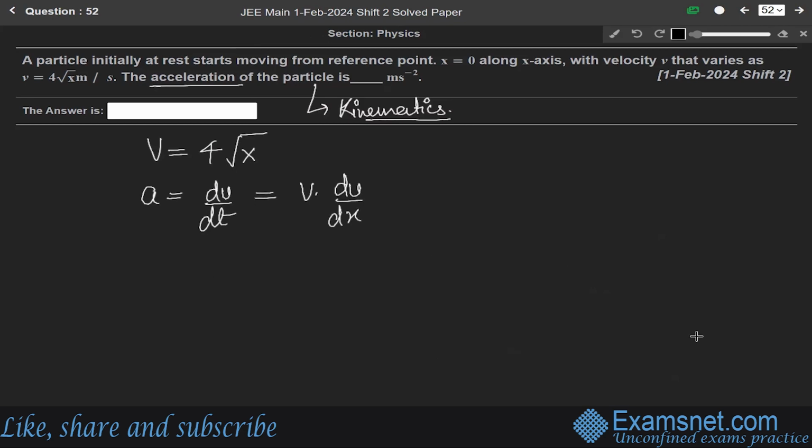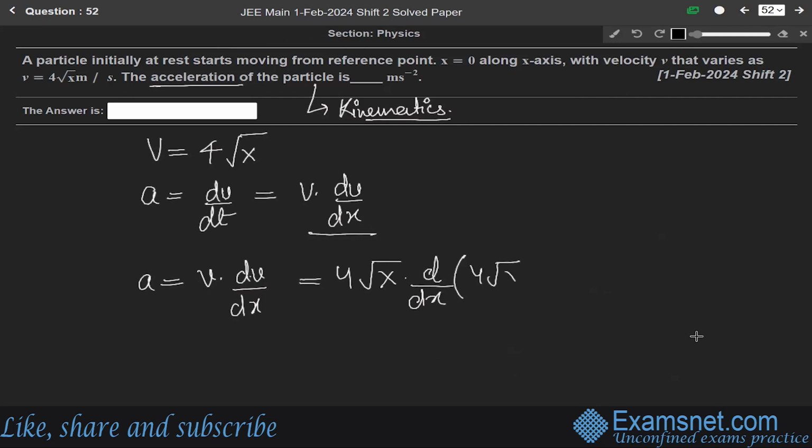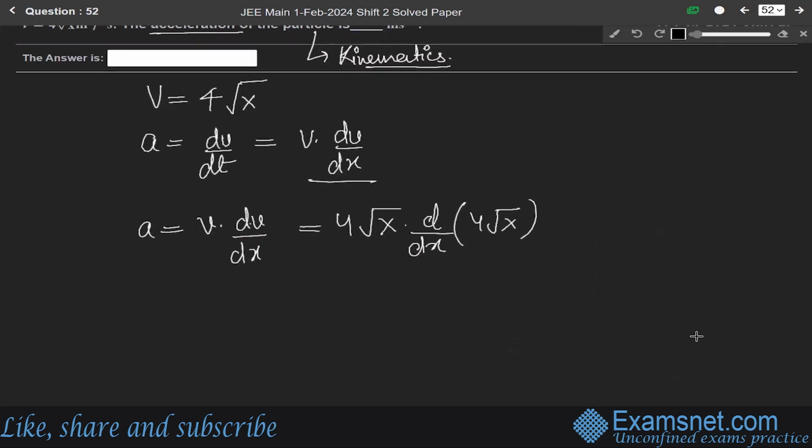Okay, now using this formula, a equals v del v over del x. v is 4 root x, and del by del x of v is del by del x of 4 root x. Now solving it, we get a is equal to 4 root x times 4 del by del x of x to the power 1 by 2.